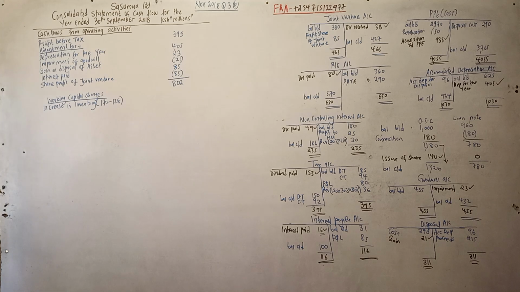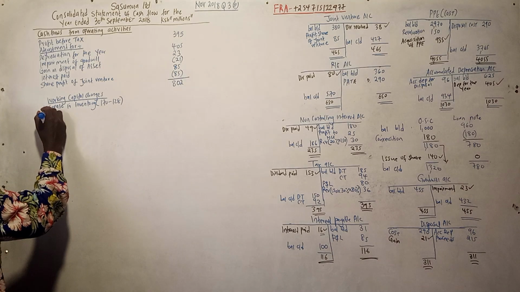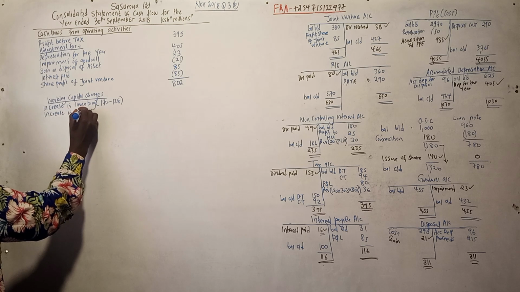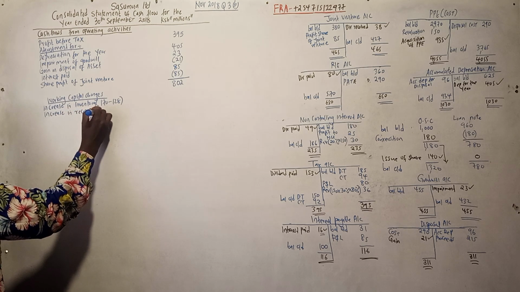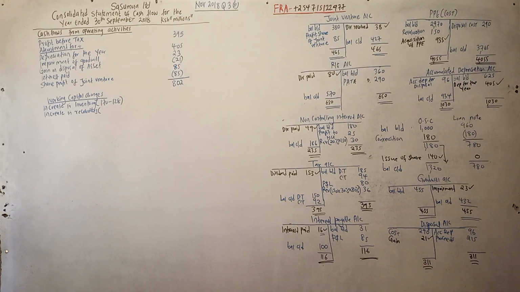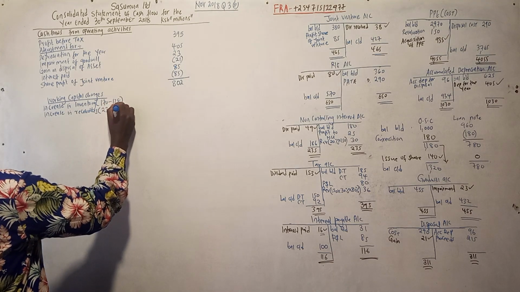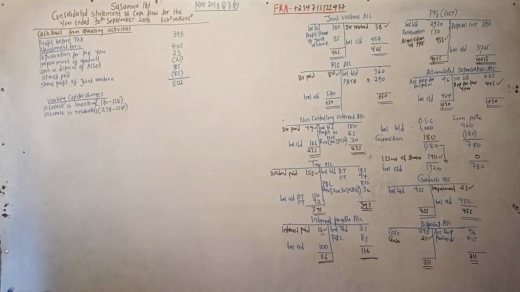Then receivables also have an increase. Receivables was 214, up to 238.